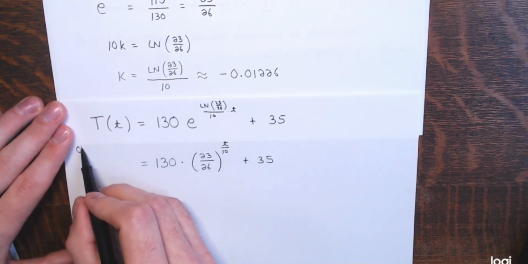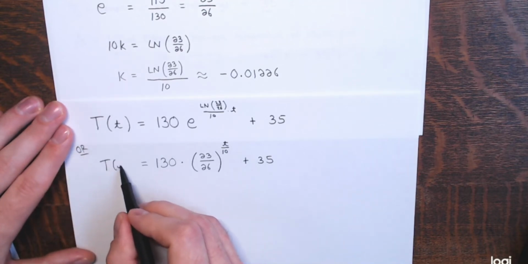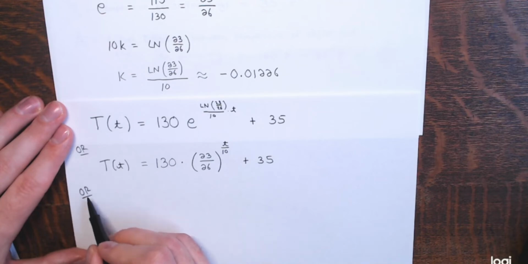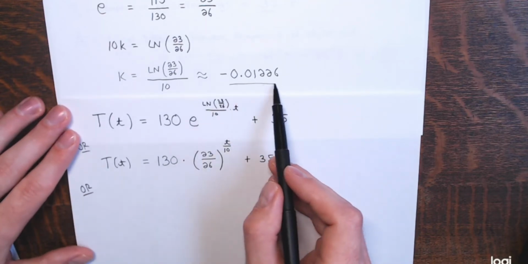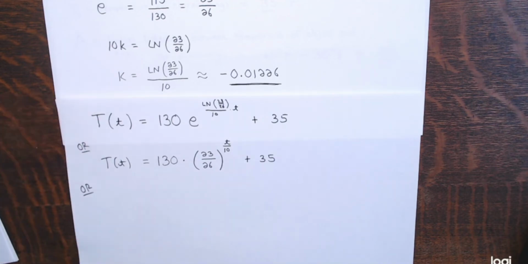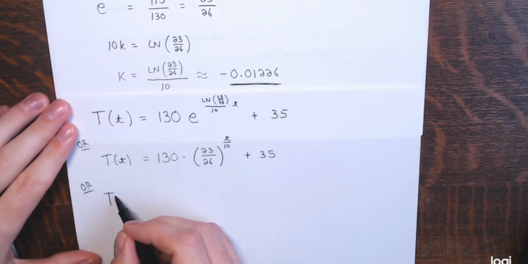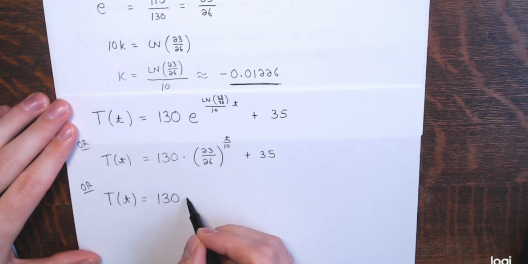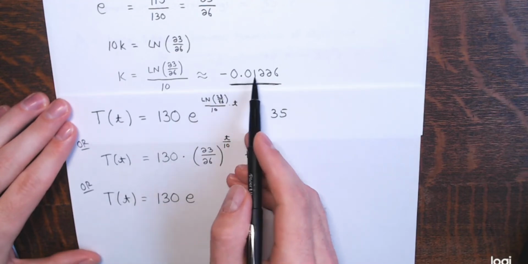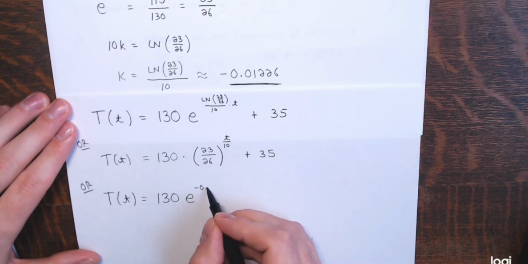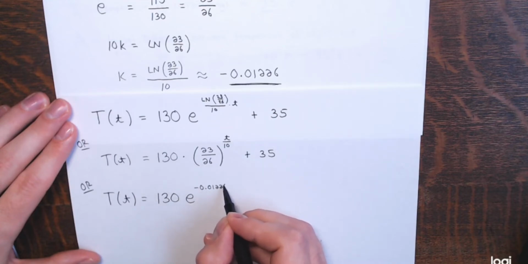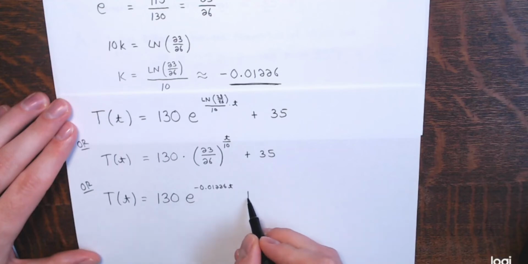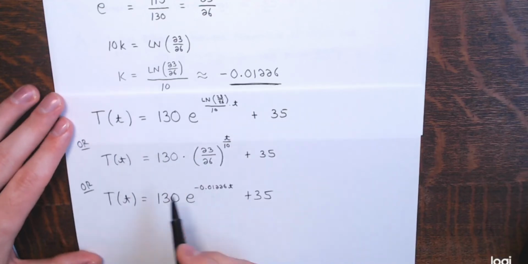You see this in the textbook. They're doing this a lot. You can just round the value of k to 5, 6 decimal places and put that in. So I can use T of t equals 130 times e to the negative 0.01226 times t power, and then plus 35. Every single one of these is exactly the same model.